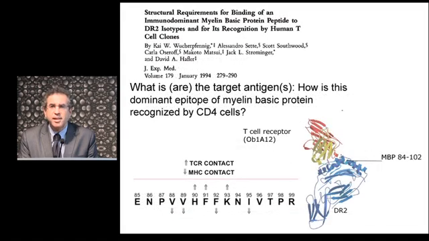These have been mapped in great detail. And here's this T cell receptor again from a patient with multiple sclerosis, and we are able to precisely map how these epitopes of myelin proteins are recognized by the CD4 cells in terms of T cell receptor contact residues and residues that bind into the MHC molecule.